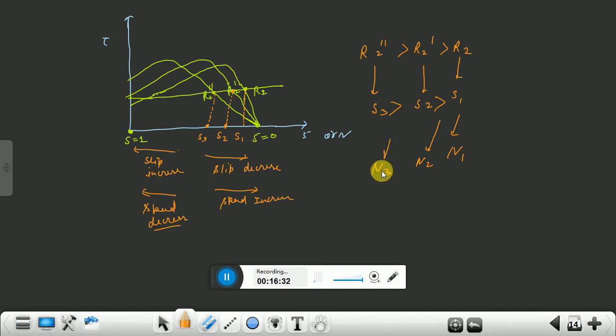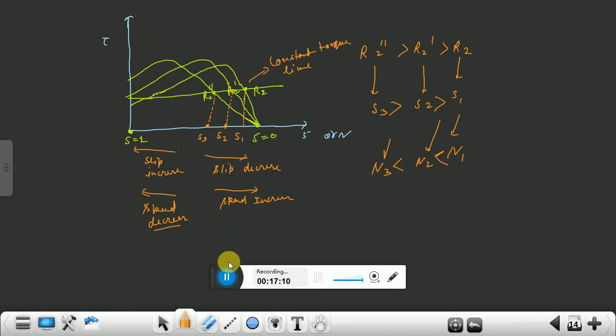The relationship between slip and speed is this: S1 is less means speed is more; S2 is greater than S1, so our speed reduces. So it is an inversely proportional relationship.